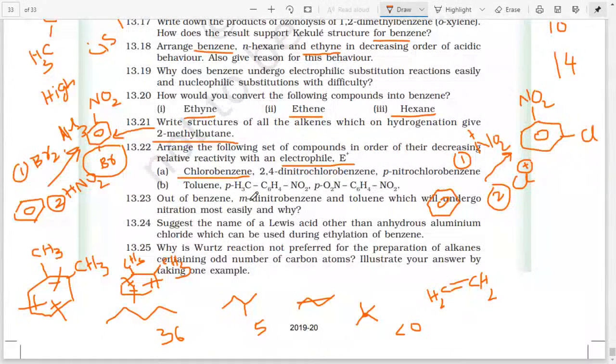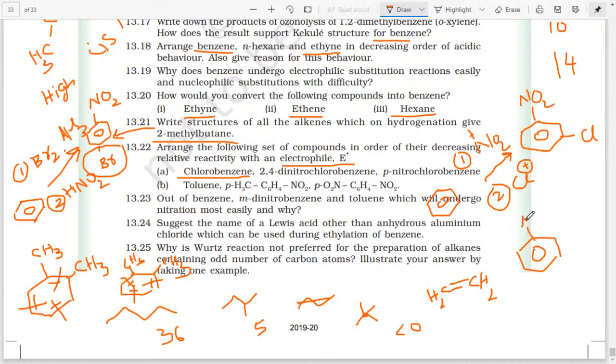2,4-dinitrochlorobenzene. Toluene, para-nitrotoluene, and para-dinitrobenzene. It is very tough to undergo nitration, yes, to undergo electrophilic substitution, because these nitro groups are meta-directing groups, isn't it?